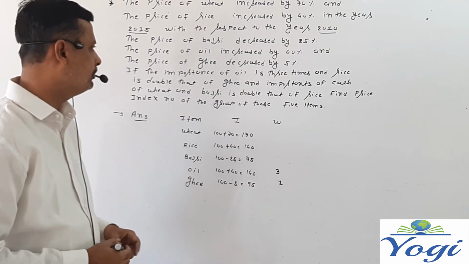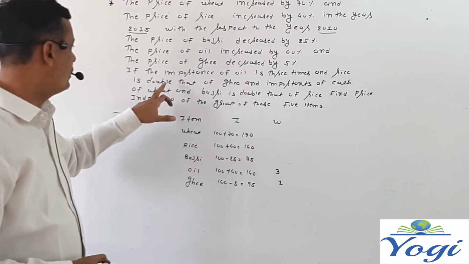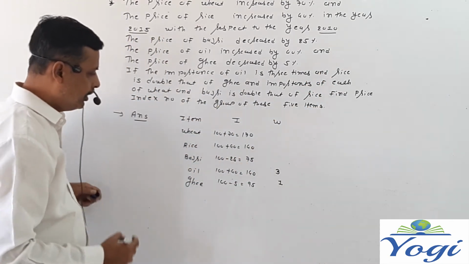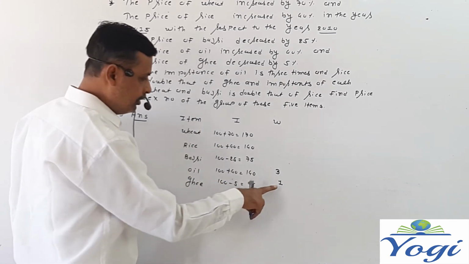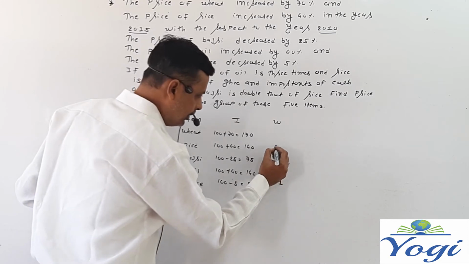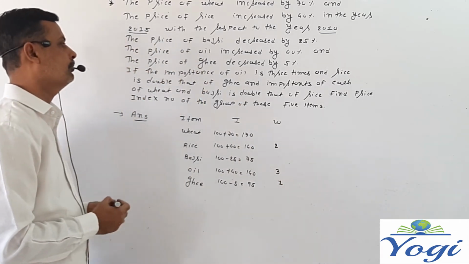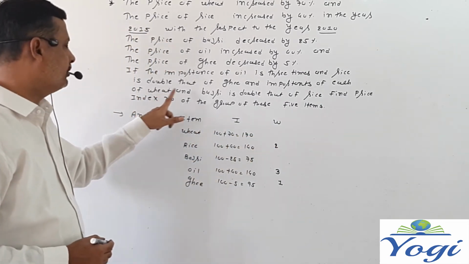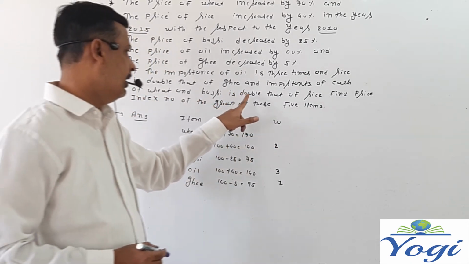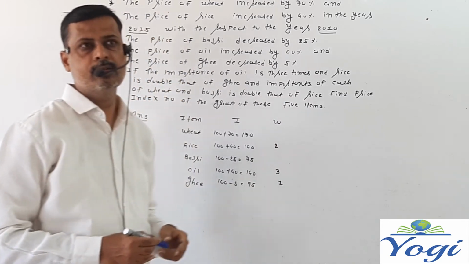So 3. And the rice is double that of ghee. So importance of ghee is 1 and rice is double, so 1 double means 2. And importance of each wheat and bajri is double that of rice.